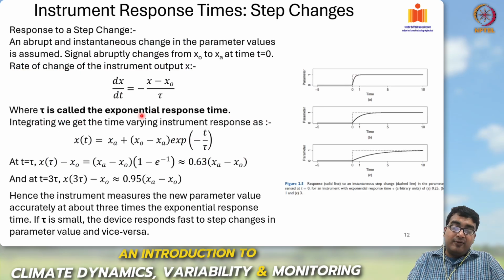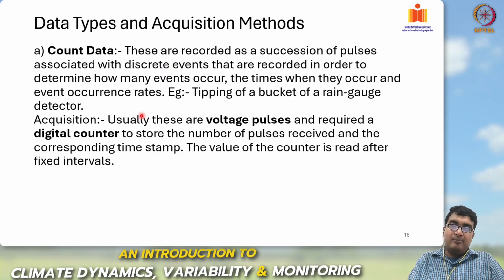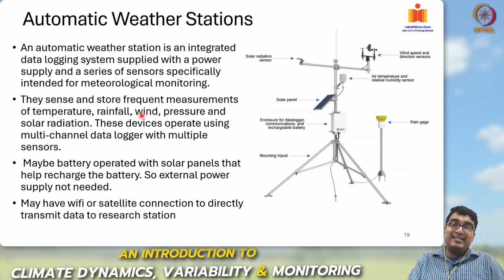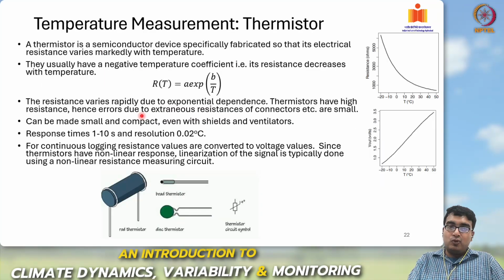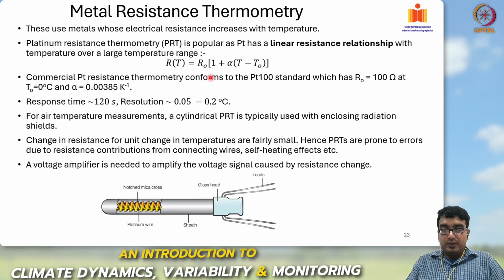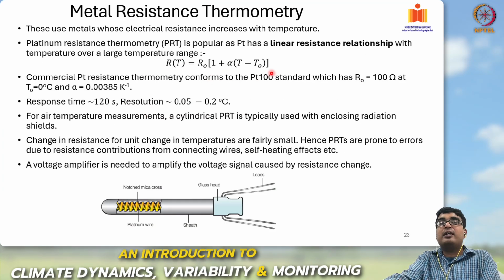However, the advantage is it's a linear system, and platinum resistance thermometry retains its linear values over a large range of temperatures. So this expression is valid over a large temperature range, hence it is a popular system. You can directly get the temperature from the resistance very quickly.